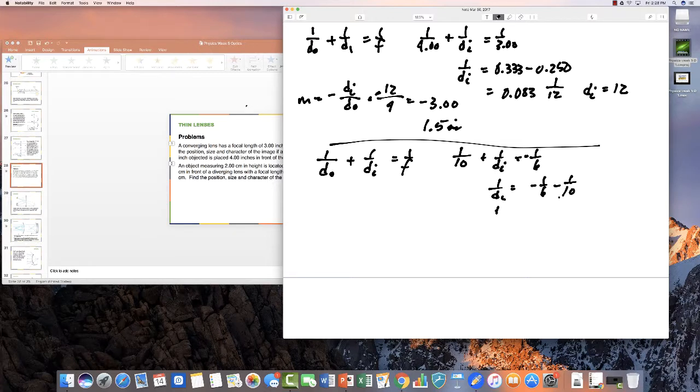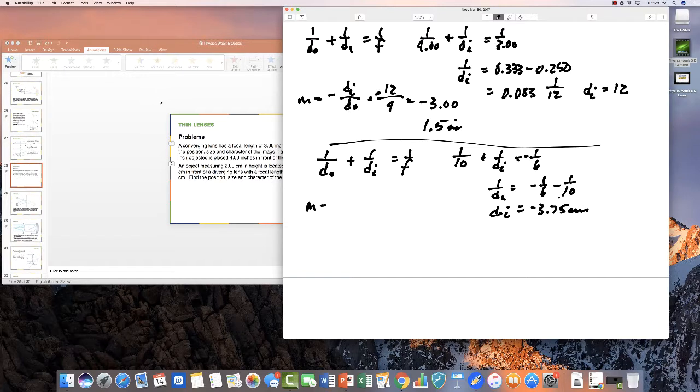So di, when you do the math here, equals minus 3.75 centimeters. So it's going to be on the same side. It's going to be an imaginary or virtual image on the same side of the lens as the object.